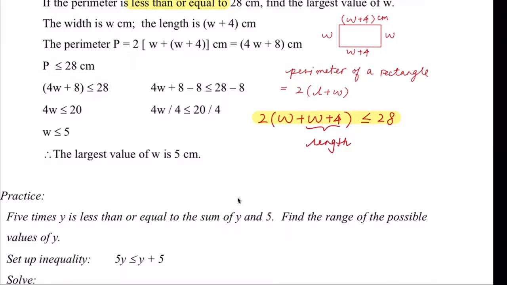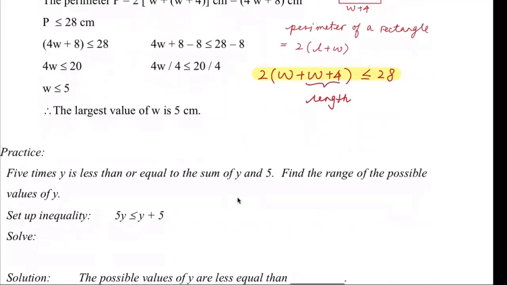So let's quickly solve this. 2 times W plus W, that's 2W, so 2W plus 4 smaller than or equal to 28.